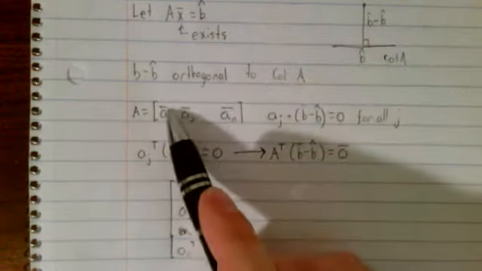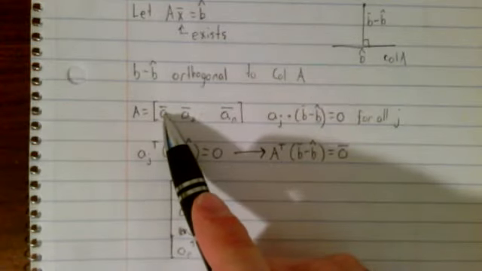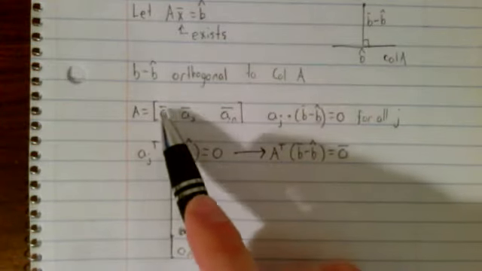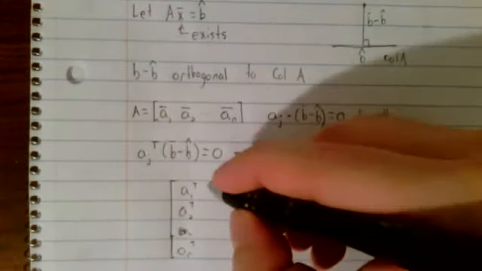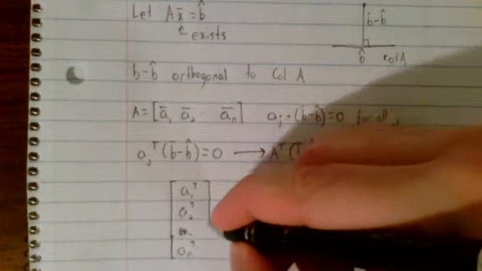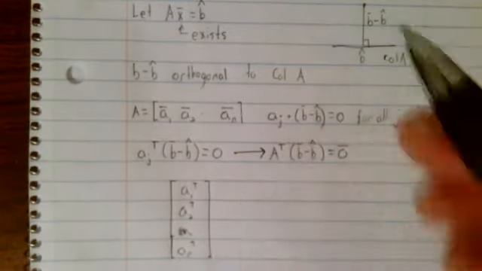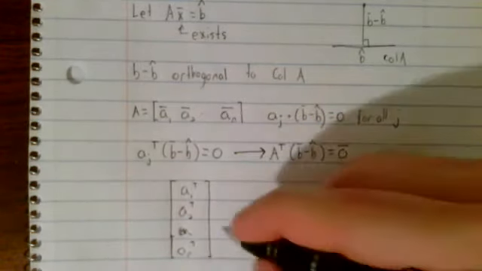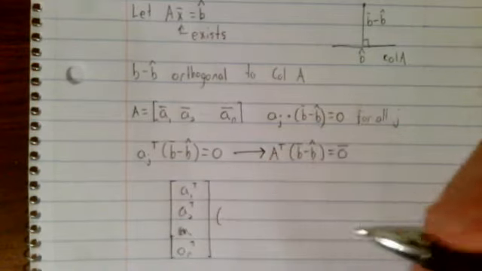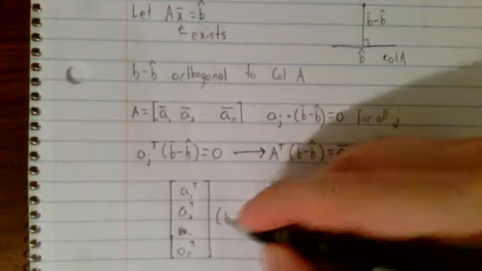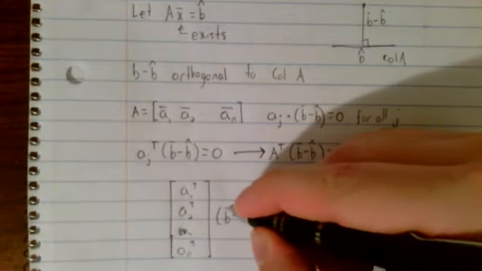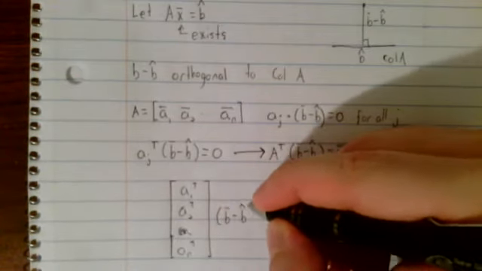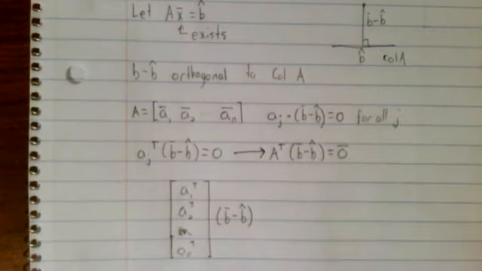You take this matrix, you transpose it, the columns turn into the rows. So we've got this matrix times this vector.